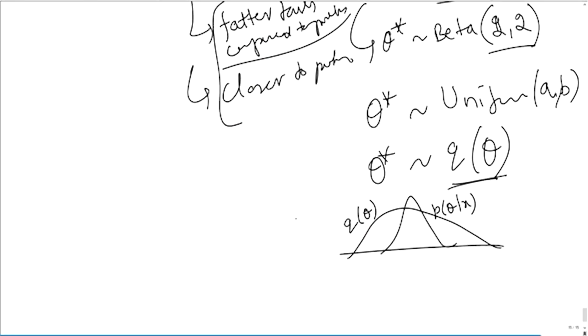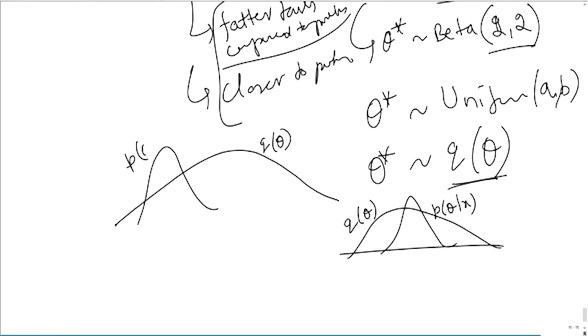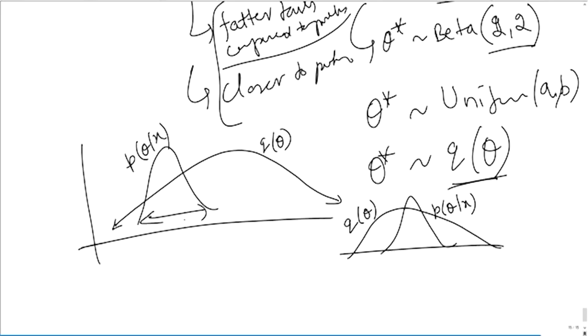Okay. So for example, if this is your true posterior, then let's say your proposal density is like this. So this is totally fine. If this is the true posterior and your proposal density is like this, then this is totally fine. So basically the proposal density will end up generating a lot of samples in the high posterior density region.